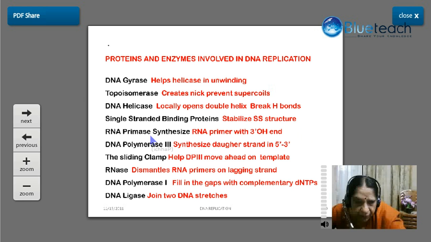RNA primase synthesizes RNA primer. DNA polymerase 3 synthesizes daughter strand in 5' to 3' direction. It is helped by sliding clamp to move ahead. RNase dismantles the primers. DP1 fills the gap with complementary deoxyribonucleotides and DNA ligase joins the two DNA stretches.